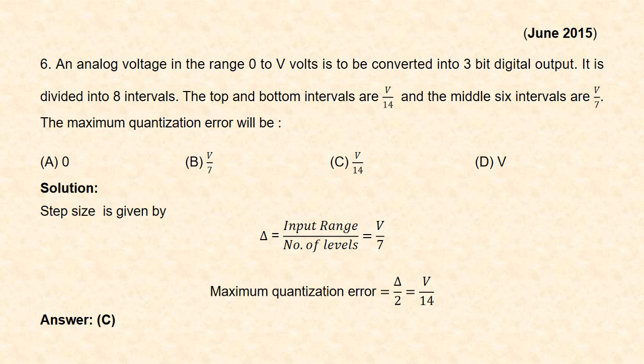So considering these as one level, we have the average of top and bottom interval as V by 7. So we have 7 levels. So step size is V by 7. So the maximum quantization error is equal to step size divided by 2, which is equal to V by 14. So option C is the correct one.